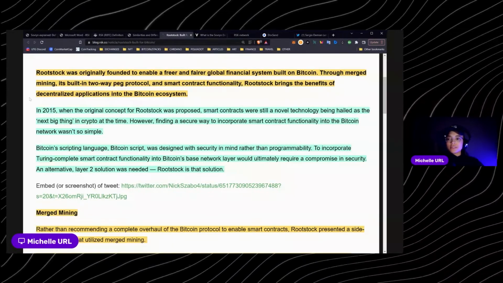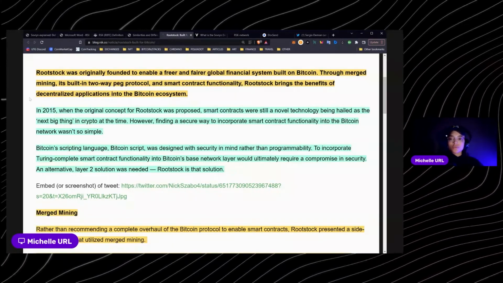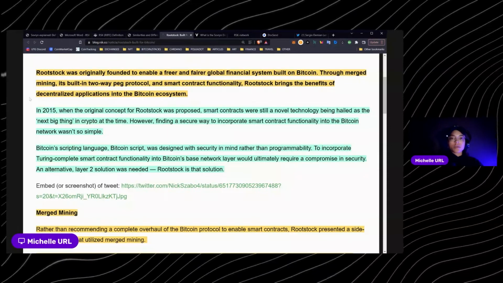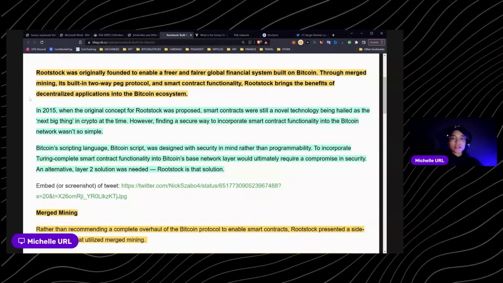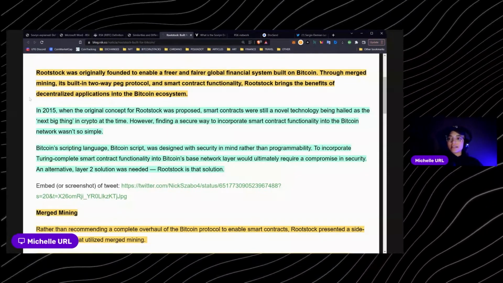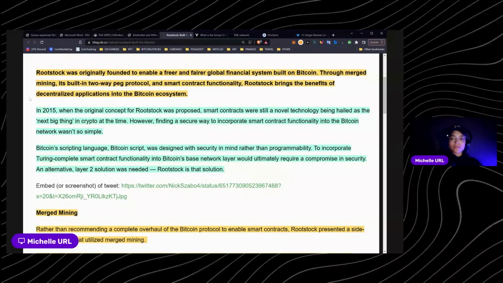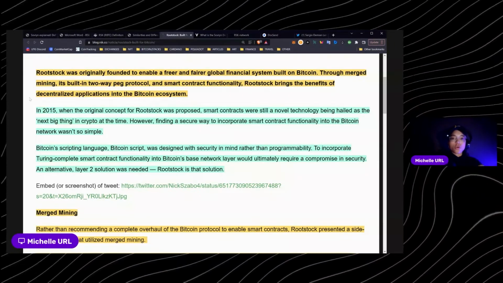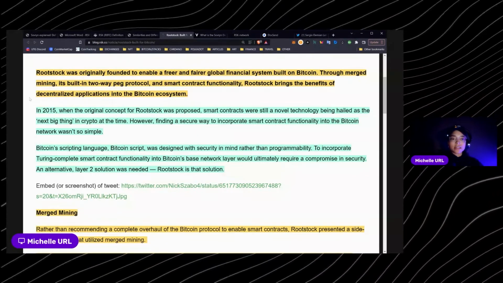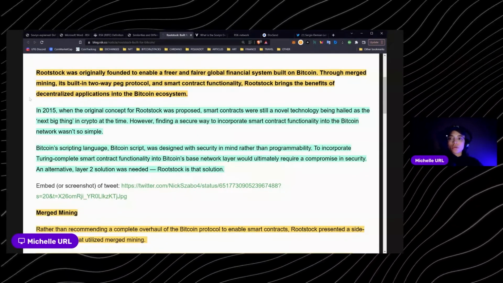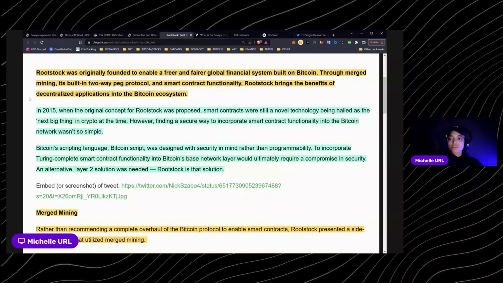In 2015, when the original concept for Rootstock was proposed, smart contracts were still a novel technology being hailed as the next big thing in crypto at that time. However, finding a secure way to incorporate smart contract functionality into the Bitcoin network wasn't so simple.